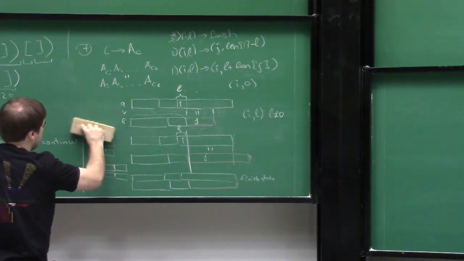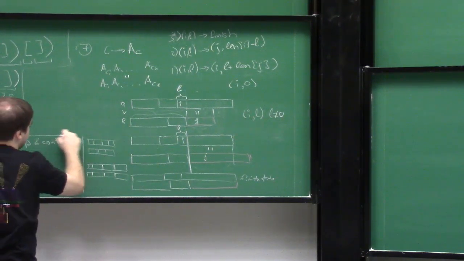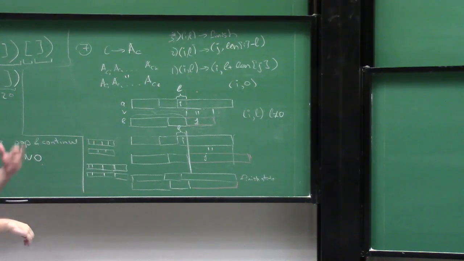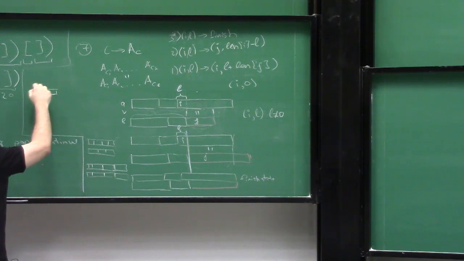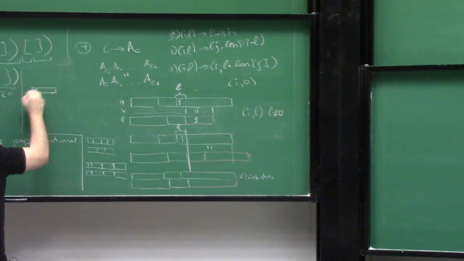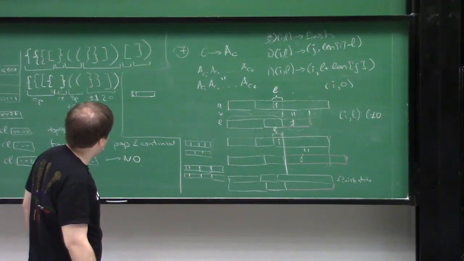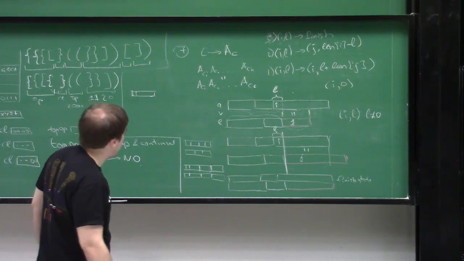Let's say that you start from a situation like the first string has some I here, with I L with L not equal to 0.